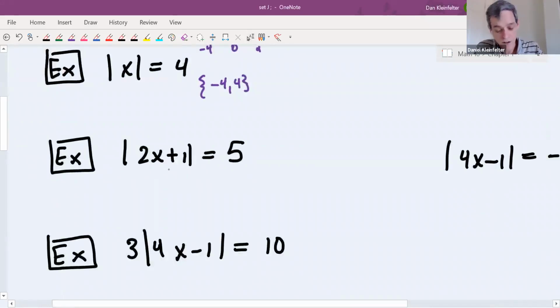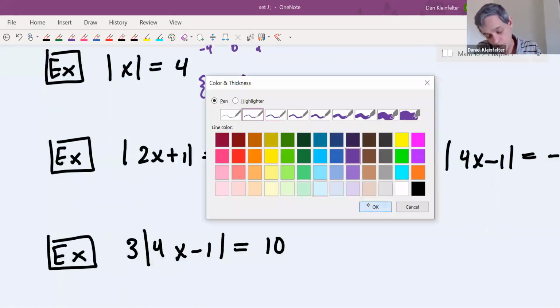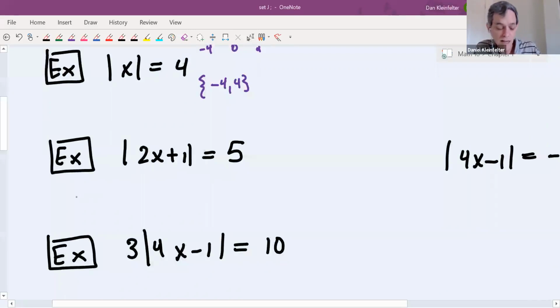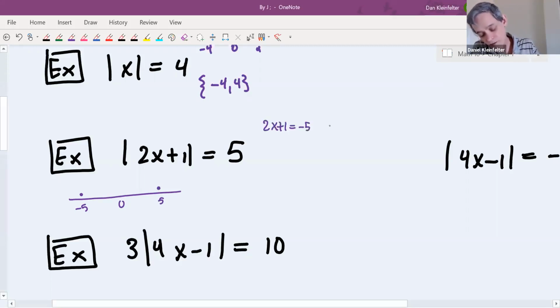The absolute value of 2x plus 1 equals 5. Here, I don't know what x is, so I don't know what 2x plus 1 is, but I do know where it is. I do know that 2x plus 1 is 5 units from 0. That means that it has to be either 5 or -5. So either 2x plus 1 equals -5 or 2x plus 1 equals +5.